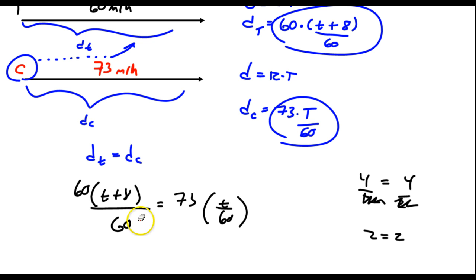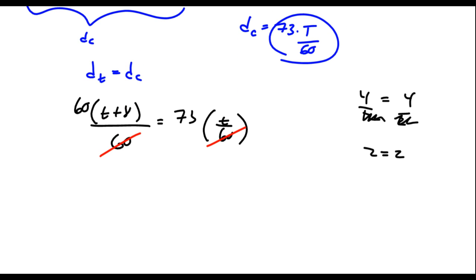They are doing the same operation to both sides of an equation, which means they're still equal. So really I have, on this side, 60 times t, 60t, 60 times 8 plus 480, equals 73t. And that's a lot easier than having 73 over 60 and then having to multiply by its reciprocal.